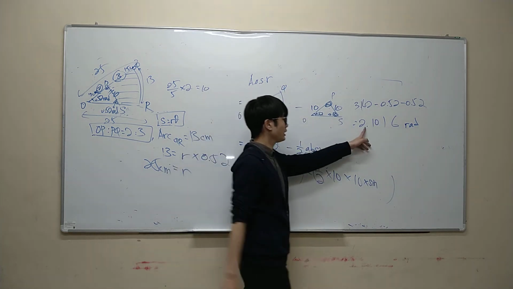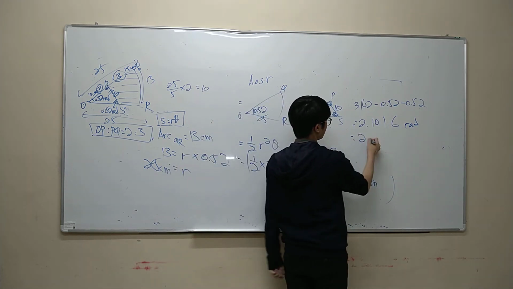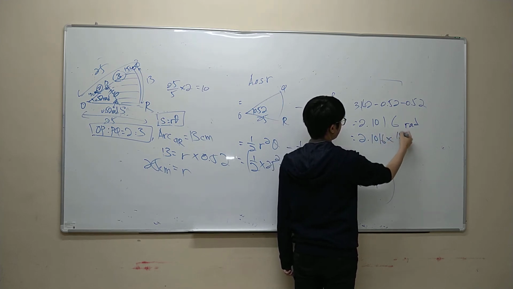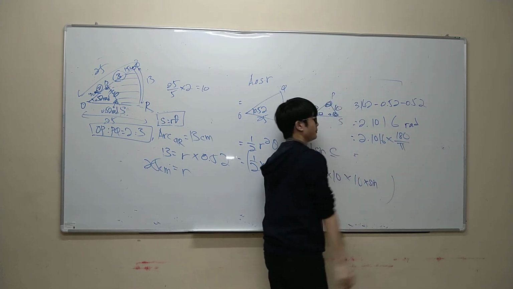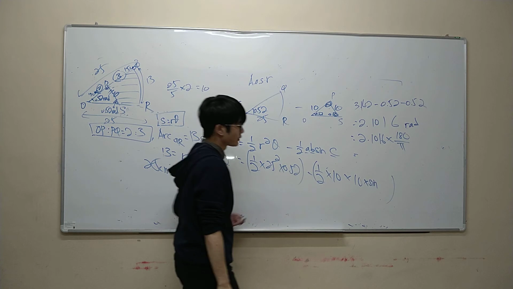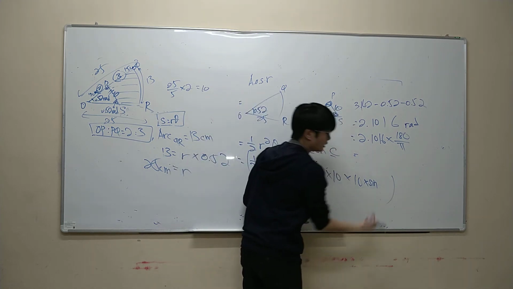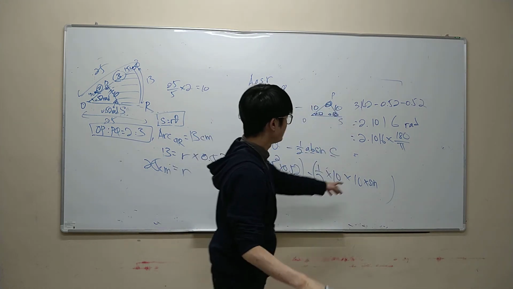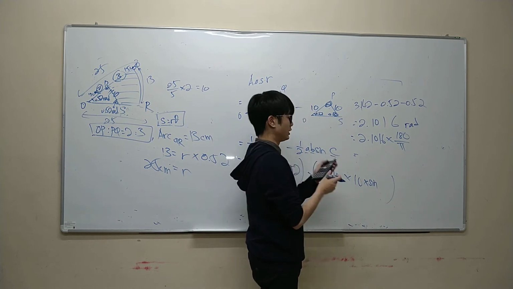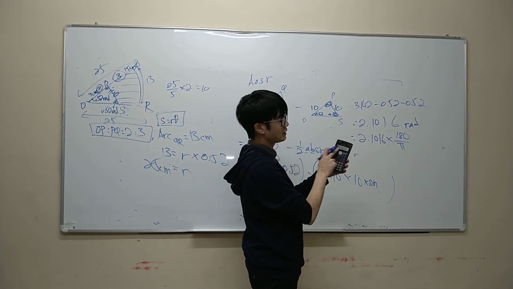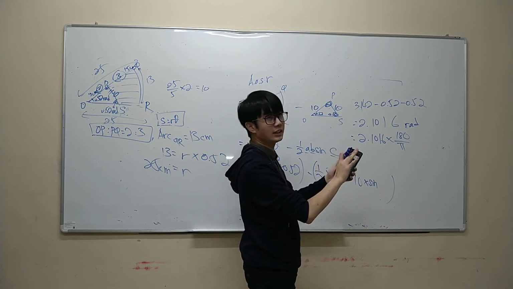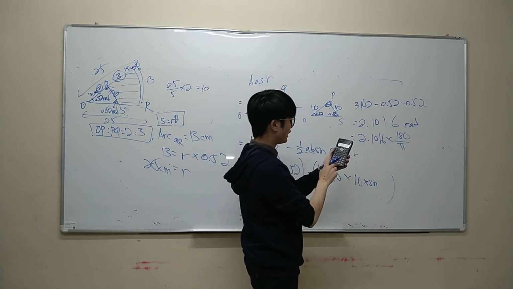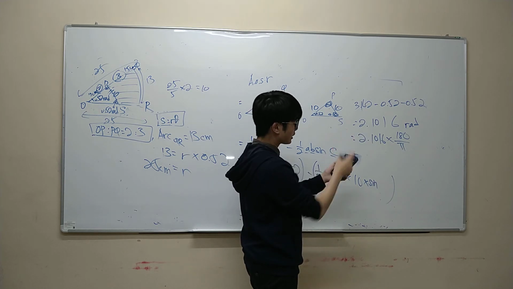Because later you have to convert this into degrees. So 2.1016 times 180 divided by pi. You have to convert into degrees. Why? If there is trigo in front, you must use degrees. So you have to change it from radian back to degree. Don't reset the calculator, just leave it like this and press answer times 180 divided by pi.